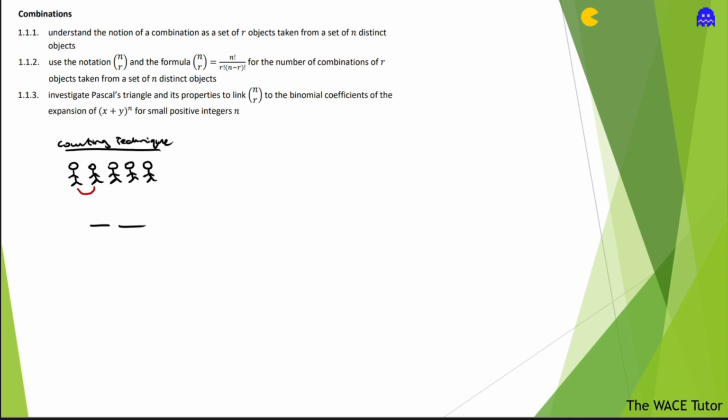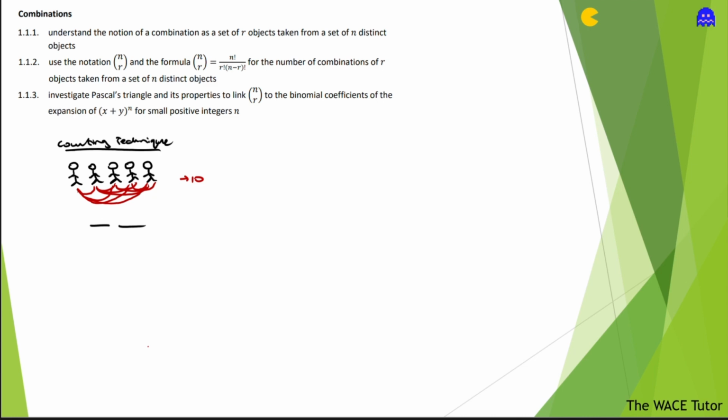So we could have these 2 people, these 2 people, these 2 people, these 2 people. That's 4 different ways of filling up those 2 positions. So 1, 2, 3, 4. We could have 5, 6, 7, 8, 9, 10. Okay, so that gives us 10 different ways.